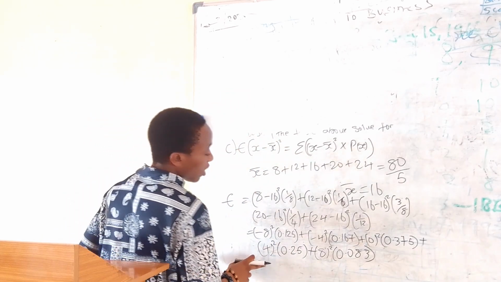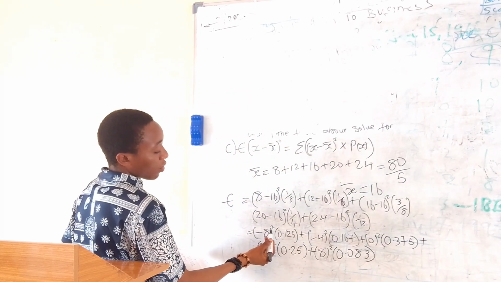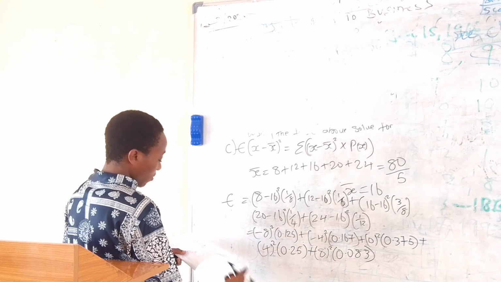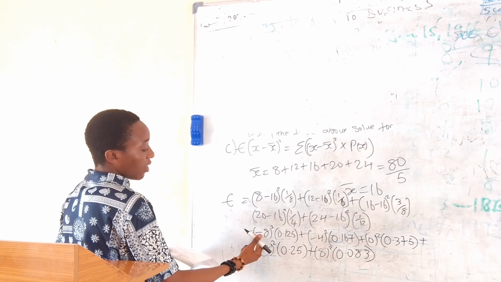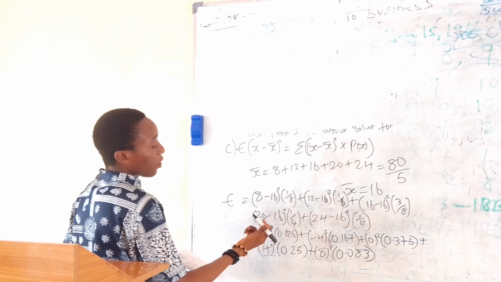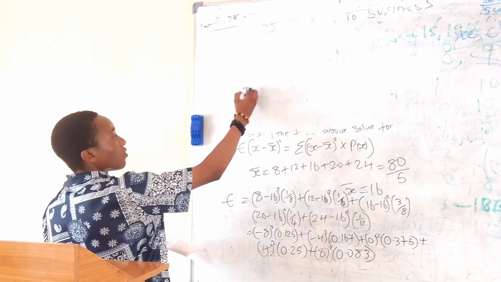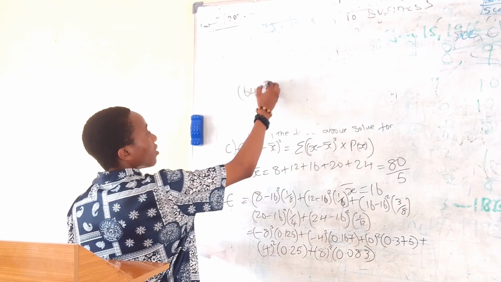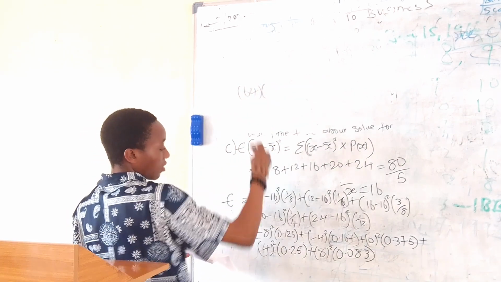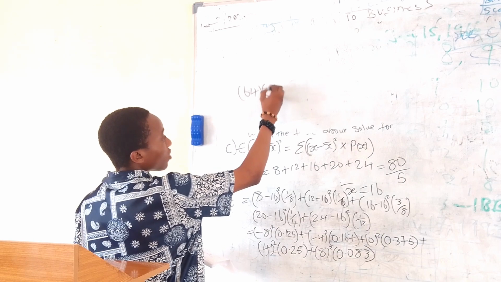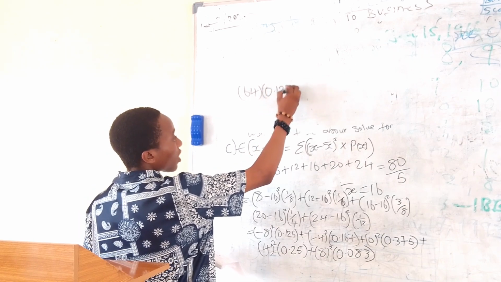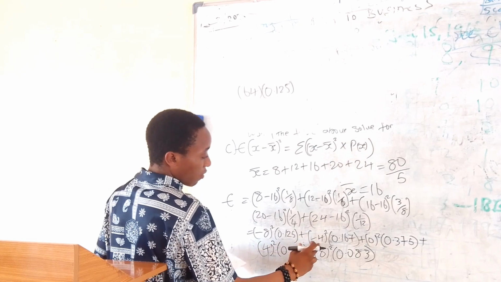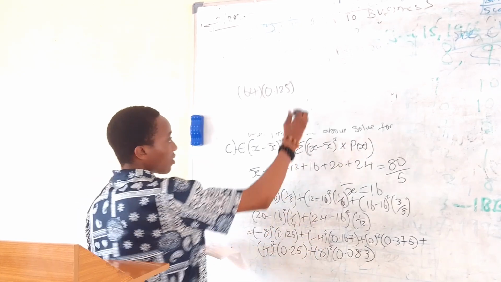So the next thing to do is raise it to the power of 2 and then multiply it by the probability. So we have minus 8 raised to the power of 2 is 64, times 0.125.